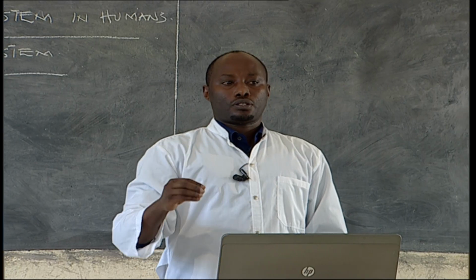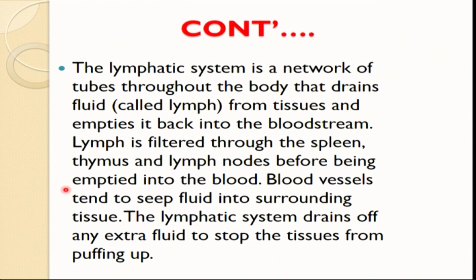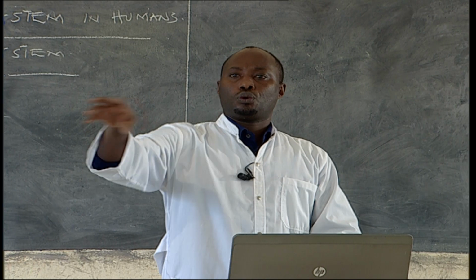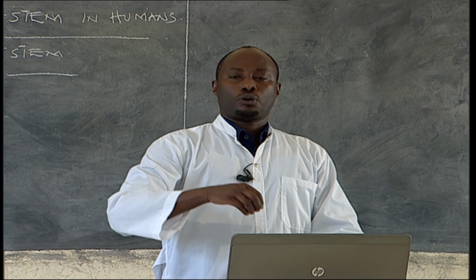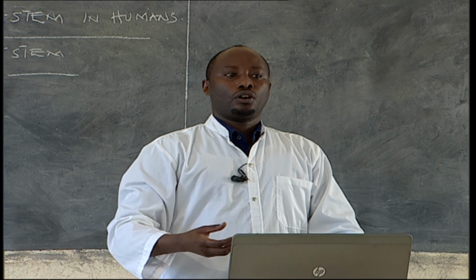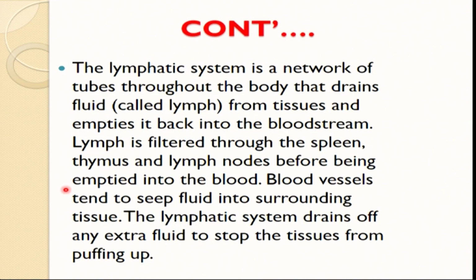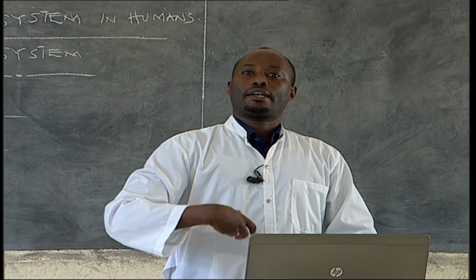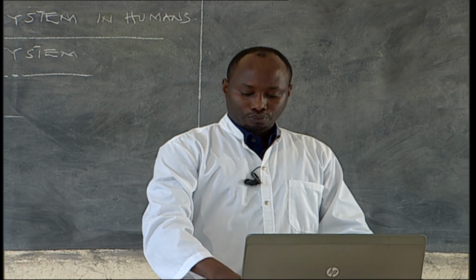Blood vessels tend to seep fluid into the surrounding tissues, because the tissues need this fluid. And the lymphatic system drains off any extra fluid and stops the tissue from puffing up, so that the tissues can perform their normal functioning.